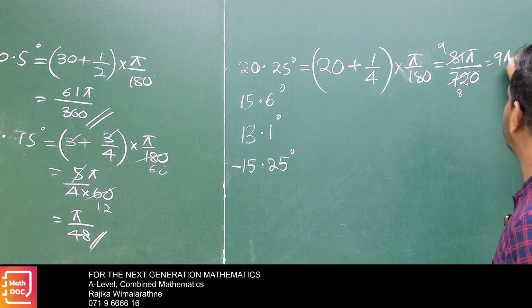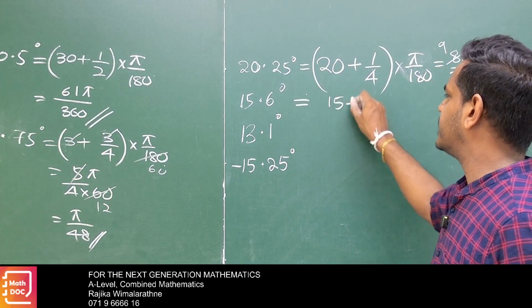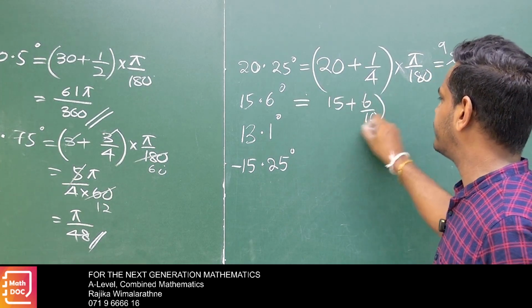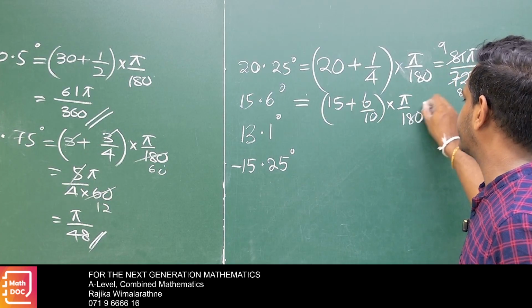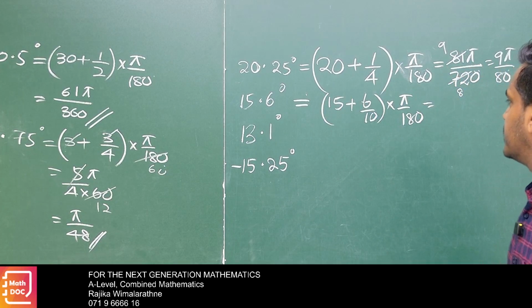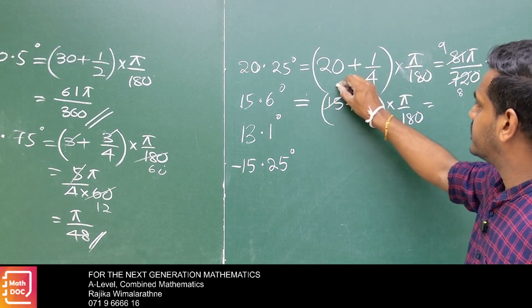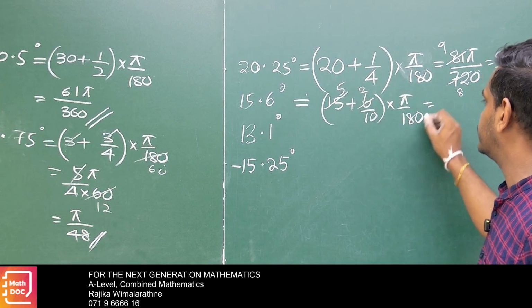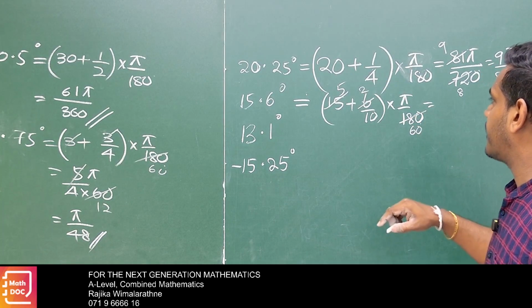Then 9 pi divided by 80. Then 15.6, 15 plus 6 over 10 times pi over 180. Then now it is divisible by 3, no? 5, 2, 60.